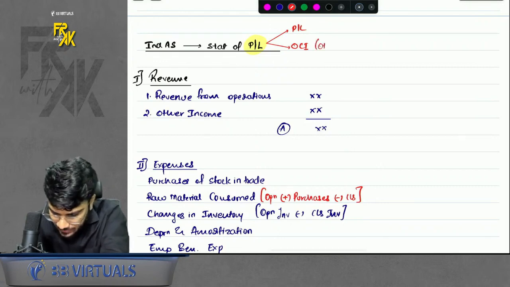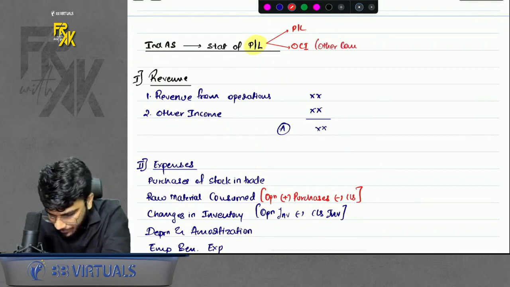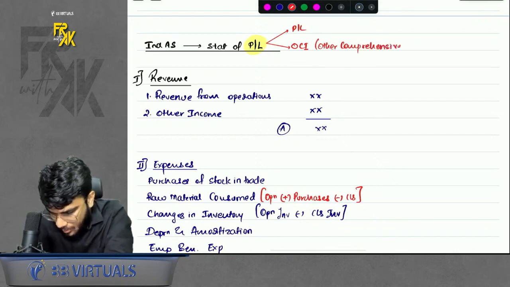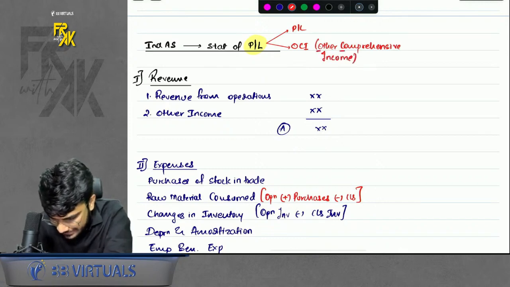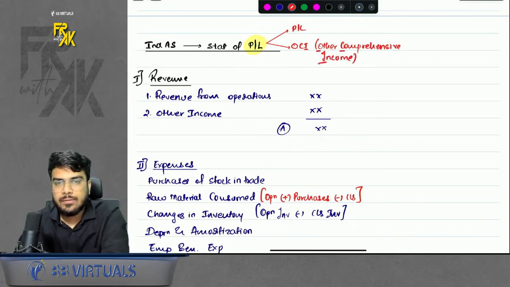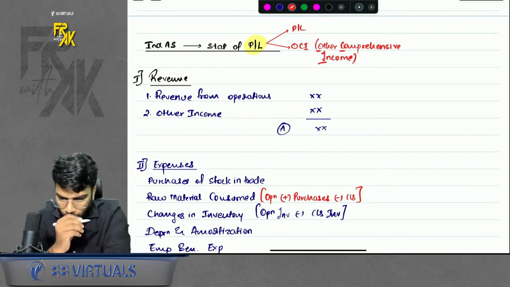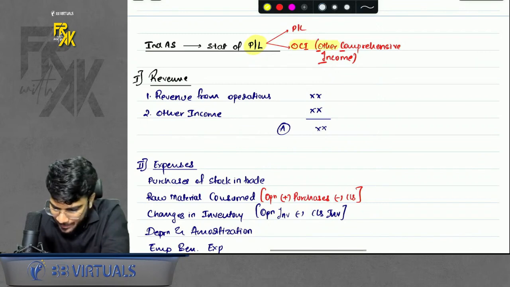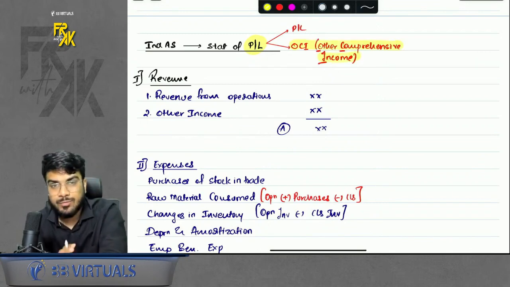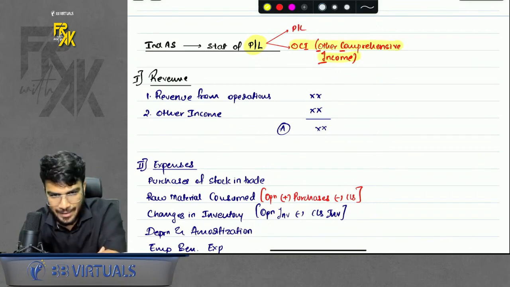OCI means other comprehensive income. OCI, other comprehensive income, right? So it introduced a separate head within the statement of profit and loss, naming it OCI.